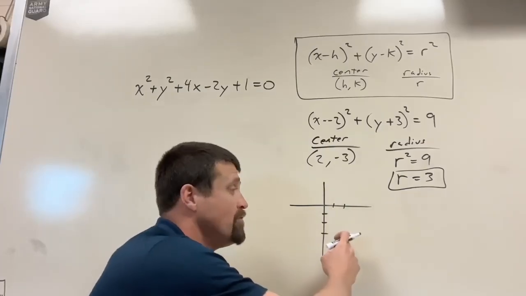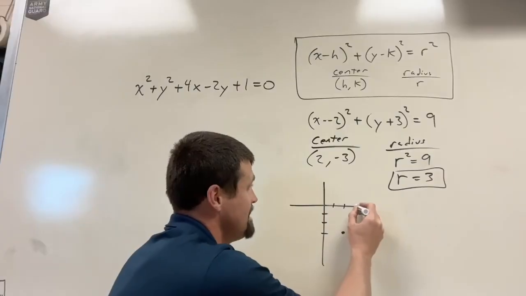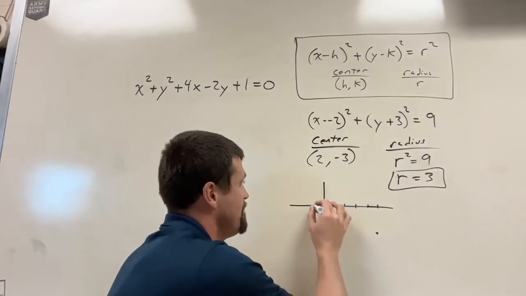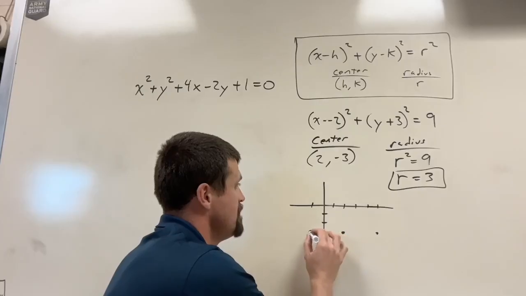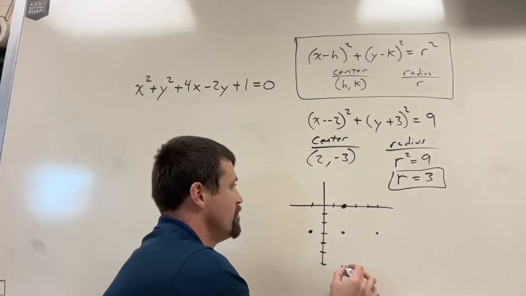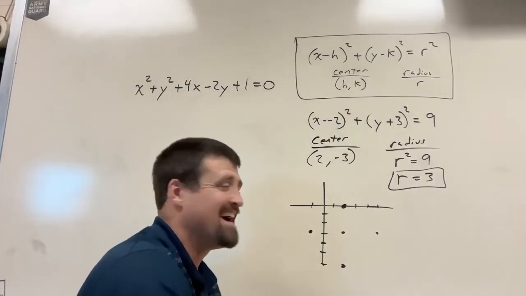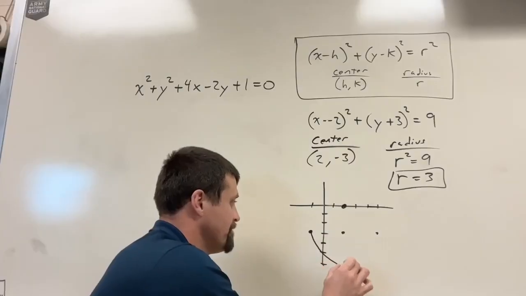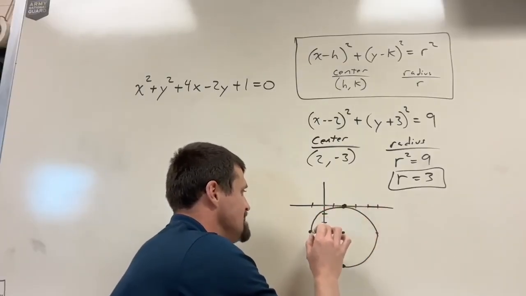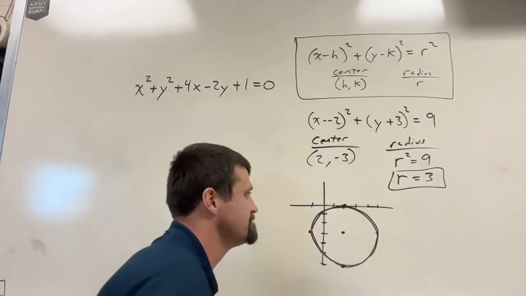So if I want to go in all directions from this point, 3 units, then I'm going to go right 3 units, I'm going to go left 3 units, I'm going to go up 3 units, and I'm going to go down 3 units. So I go right, left, up, and down to give me some guidelines to help me draw my circle. And then I just do the best I can. It's not going to be perfect, but we're just sketching the curve.